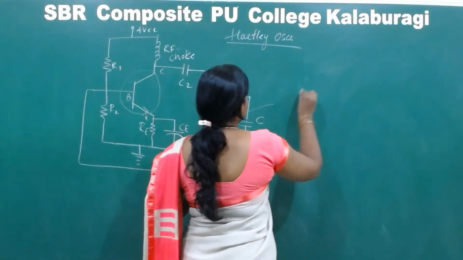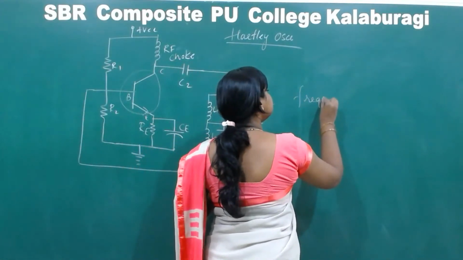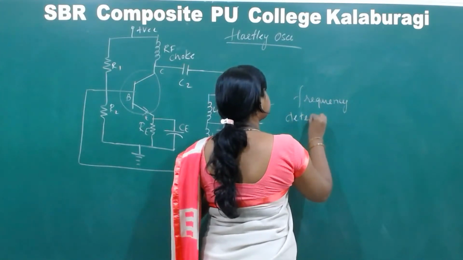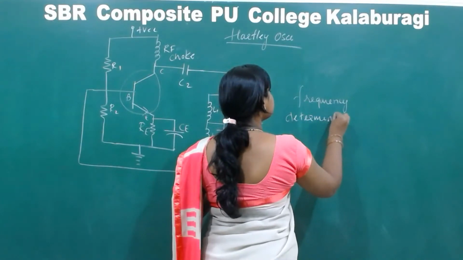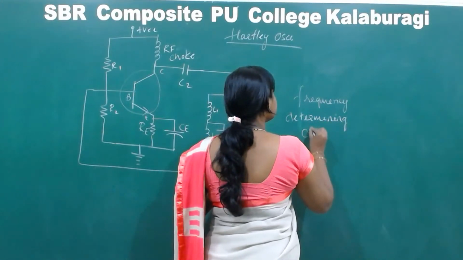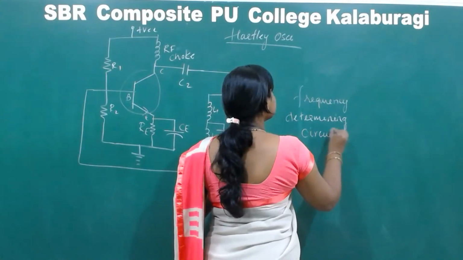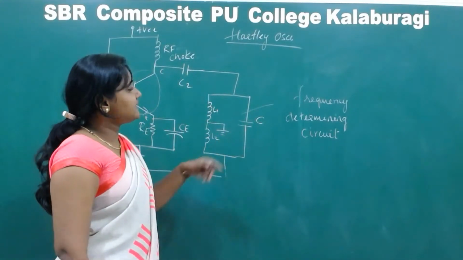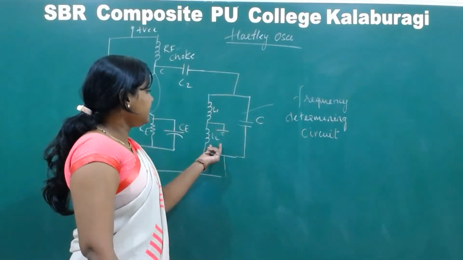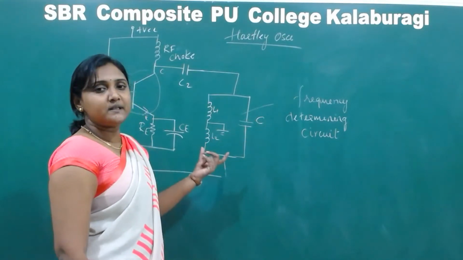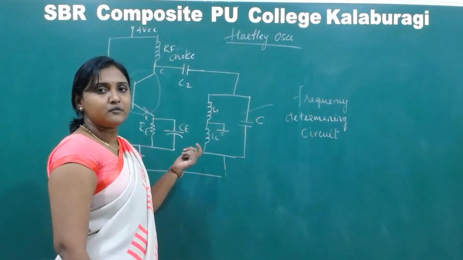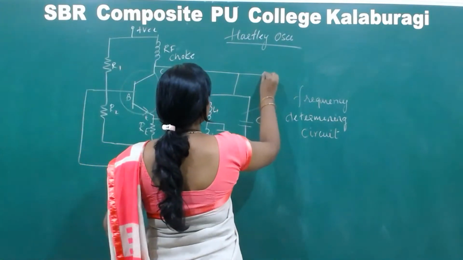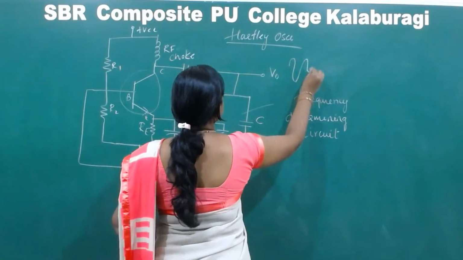It is called the frequency determining circuit because the values of inductors L1 and L2 along with C are going to determine the frequency of this Hartley oscillator, the frequency of the signal it is going to produce. So this is V0, where we will get the oscillations.